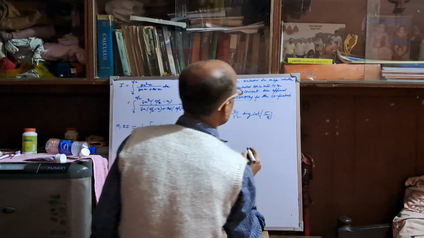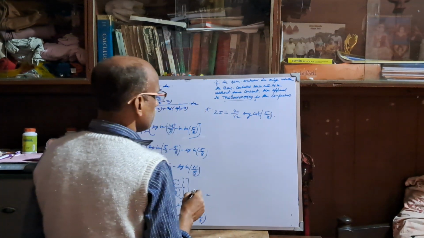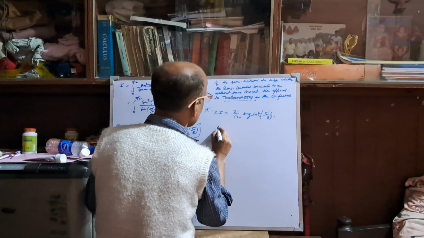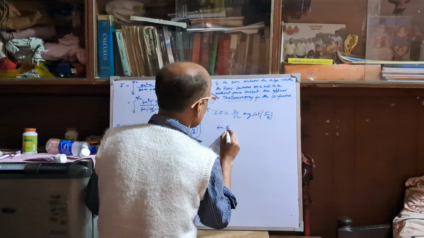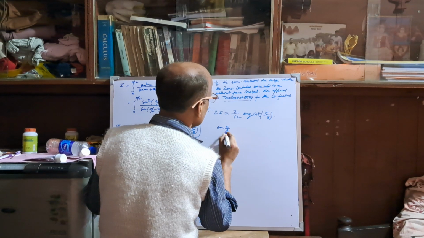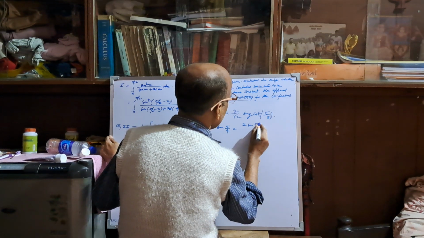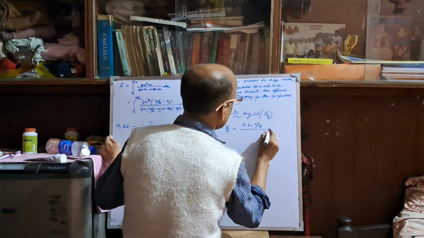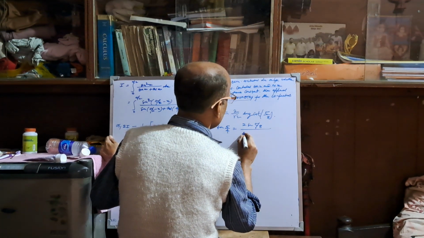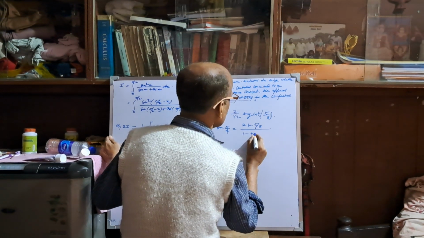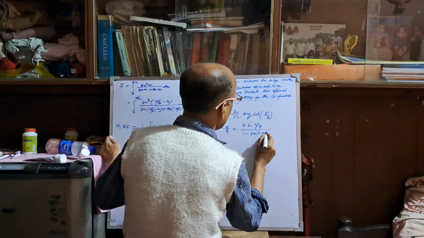So this part is here, and we know the formula tan pi by 4 is equal to 2 tan pi by 8 divided by 1 minus tan square pi by 8.